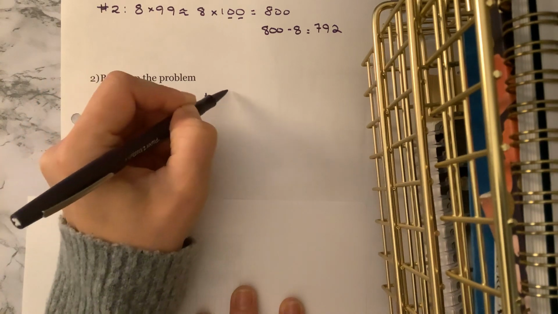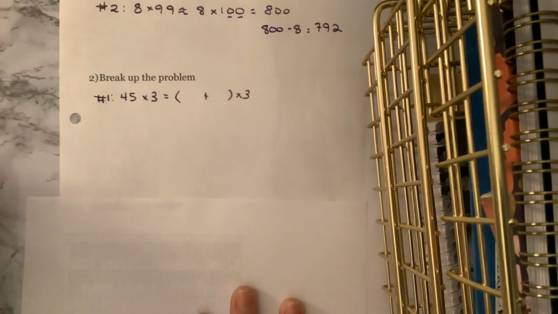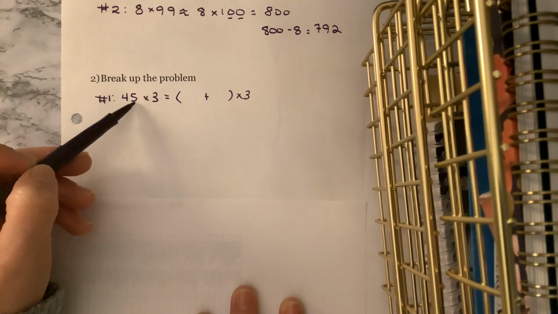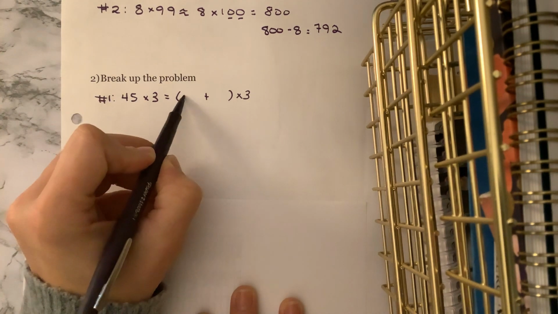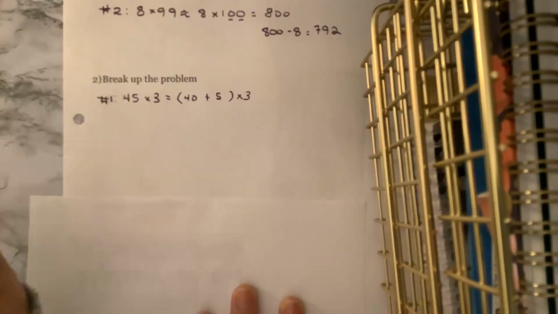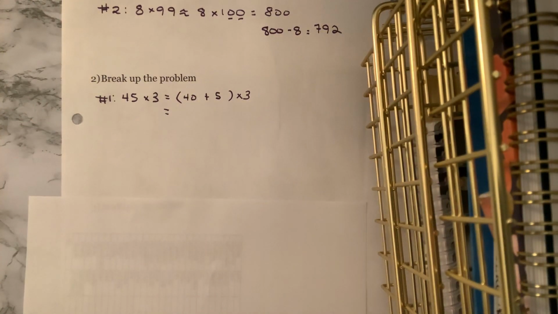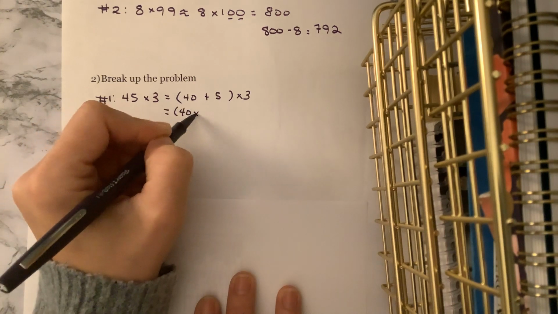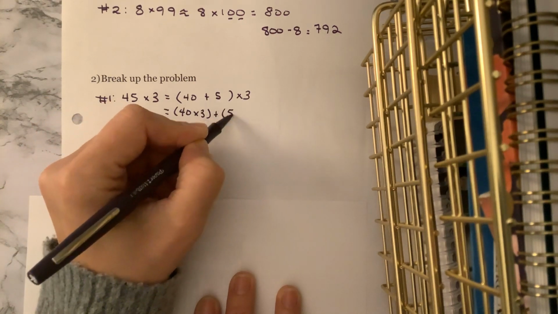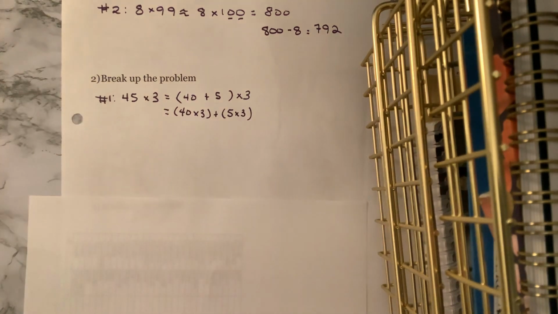So we're going to break this 45 up into 2 parts that are easier to multiply, specifically 40 plus 5. Okay? Per the distributive property, this is the same as 40 times 3 plus 5 times 3. This is just what we spent the last couple of days working on, distributing numbers over addition, okay?